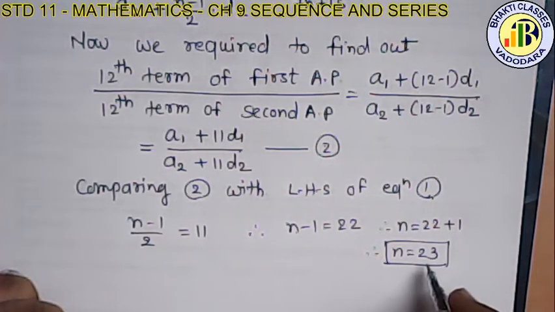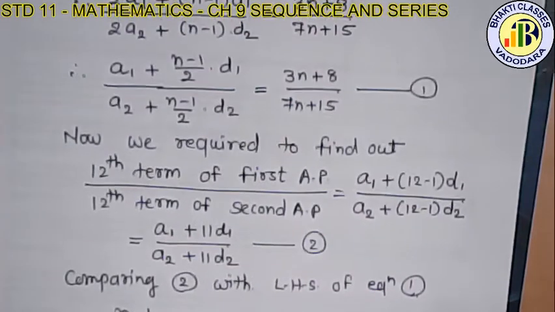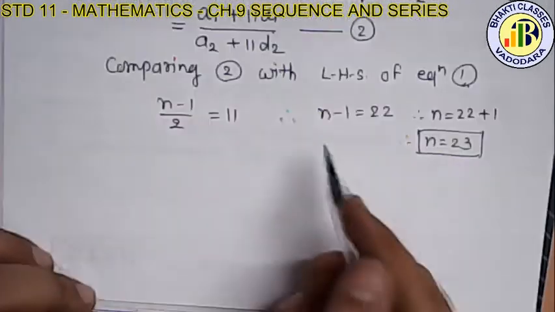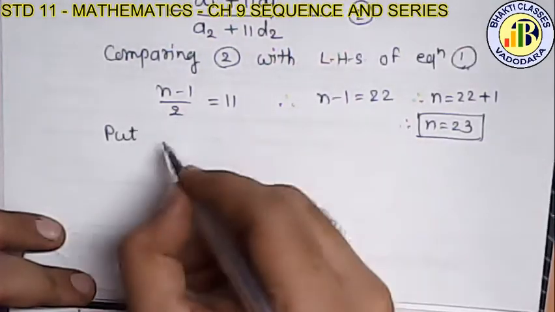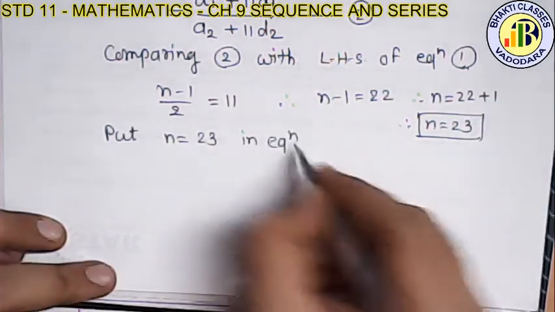Now putting n equal to 23 in equation number 1, we will get our answer. Equation number 1 में हम n की जगह 23 डाल देंगे, so we will get our answer. So put n equal to 23 in equation number 1.